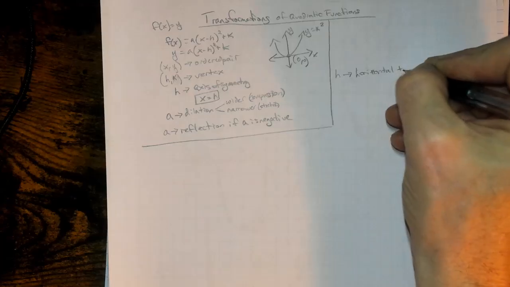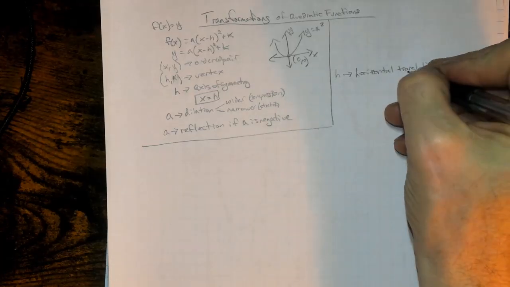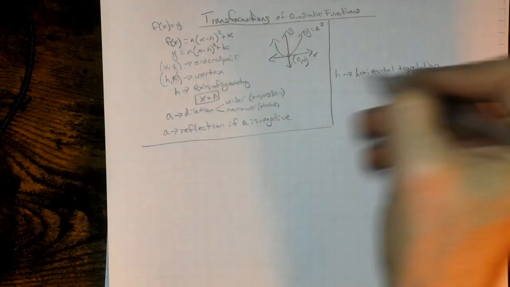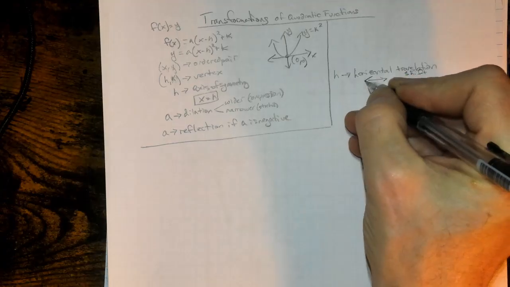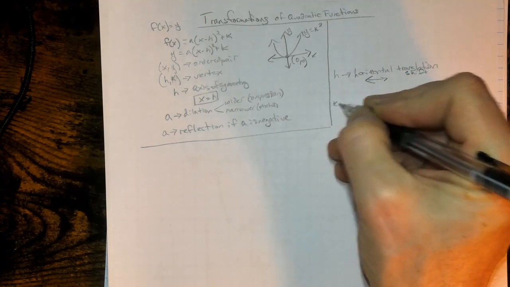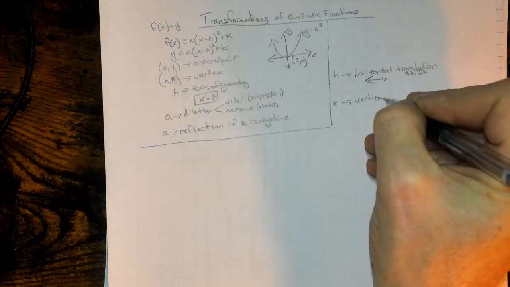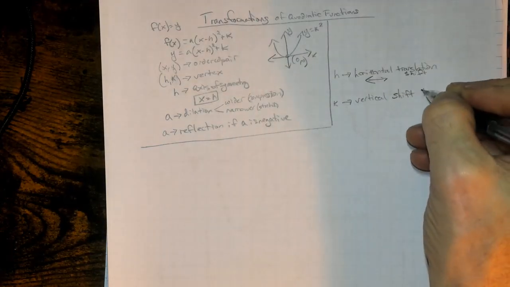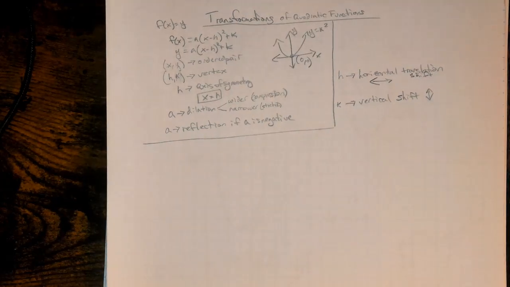We'll use the word translation, but it means to shift or slide. So it's just sliding it back and forth, side to side. Where k is a vertical shift, or translation, really, which means we move it up or down. So these are the effects.